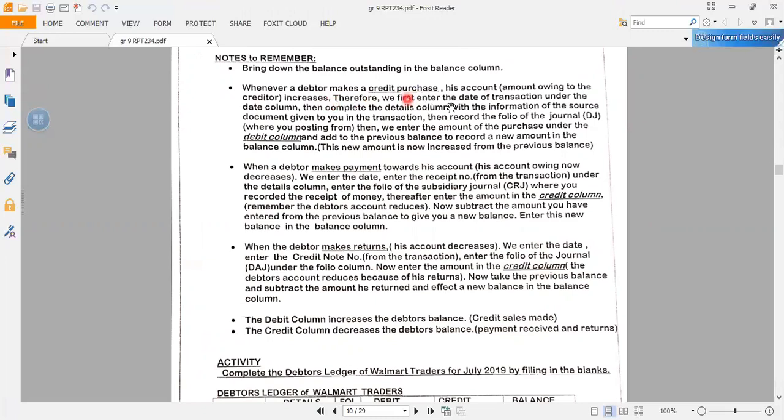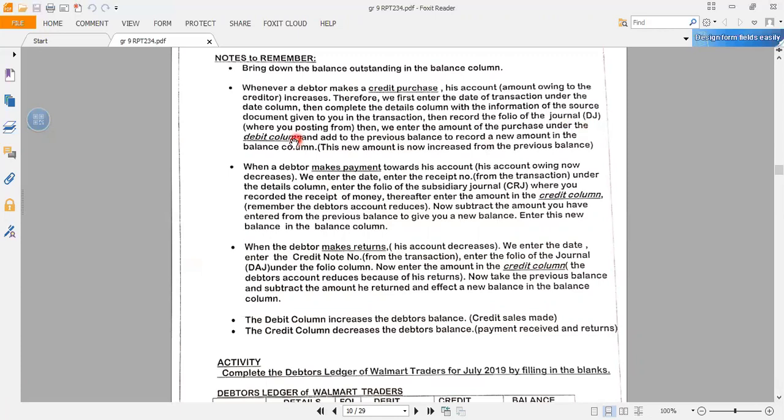Therefore, we first enter the date under the date column, then complete the details with the information of the source document given in the transaction, then record the folio, that is Debtors Journal. Remember, Debtors Journal is used when the debtor makes a purchase, right? And then we enter the amount of the purchase under the debit column.